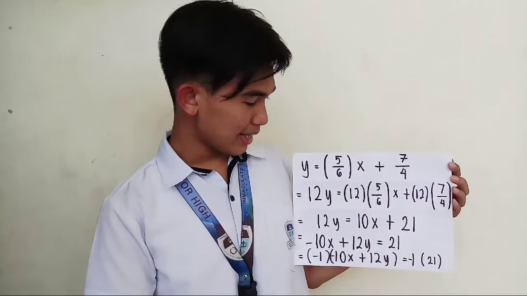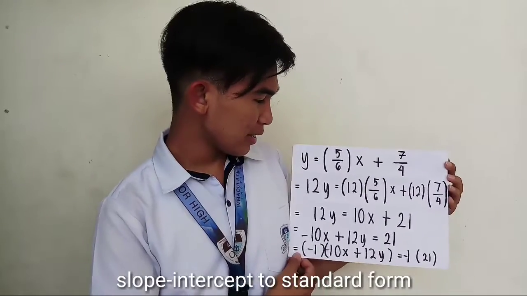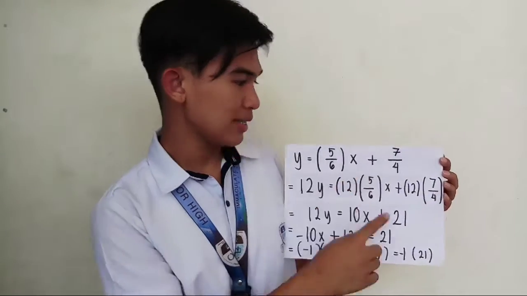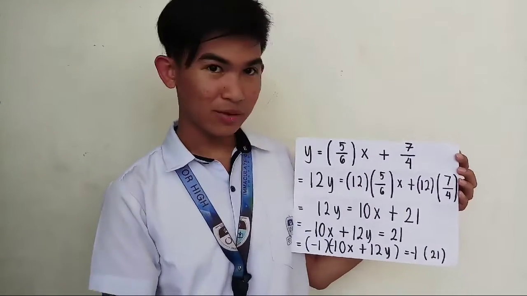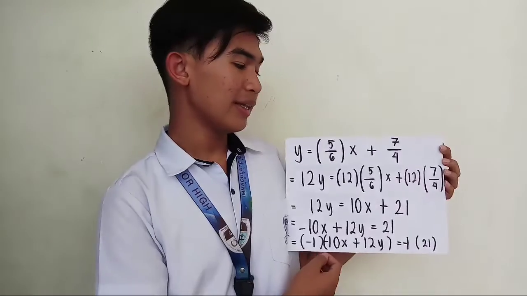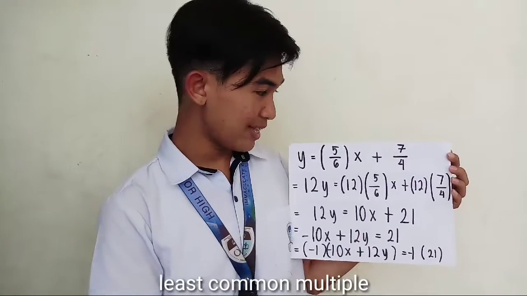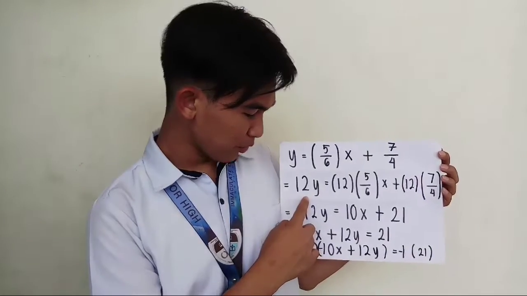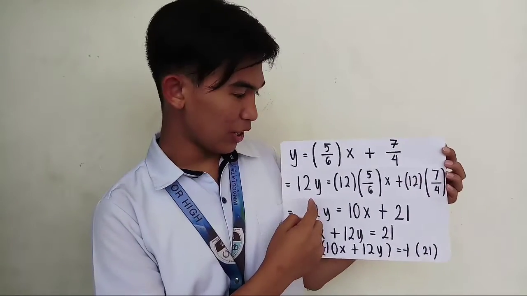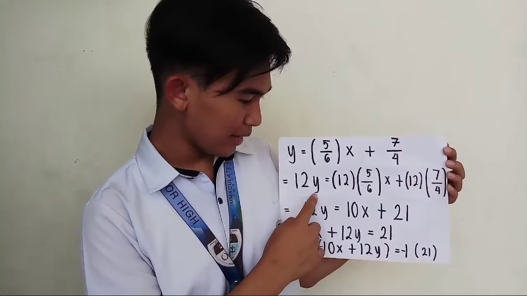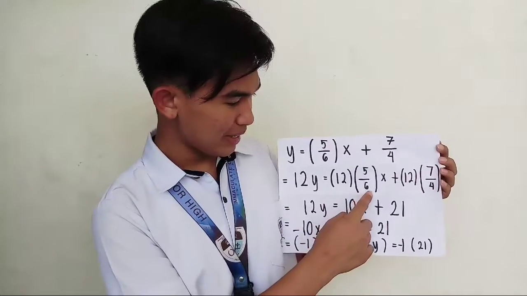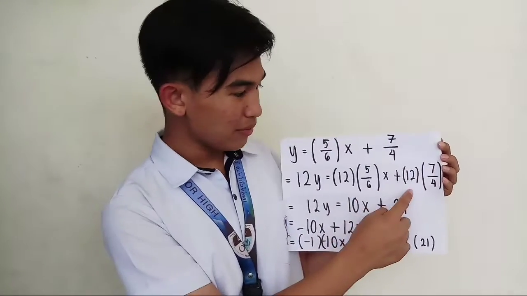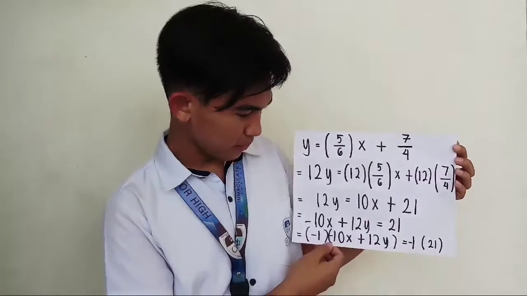For our second example, we have y is equal to 5 over 6x plus 7 over 4. Same thing, we're going to get the least common multiple first of 6 and 4. So that would be 12. We have to distribute 12 to each term of the equation. So 12y is equal to 12 times 5 over 6x plus 12 times 7 over 4.